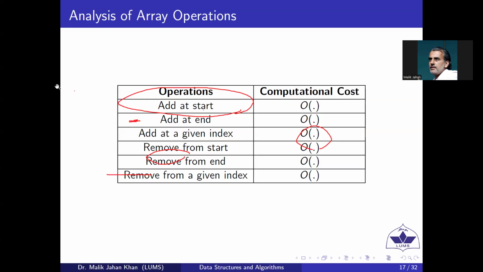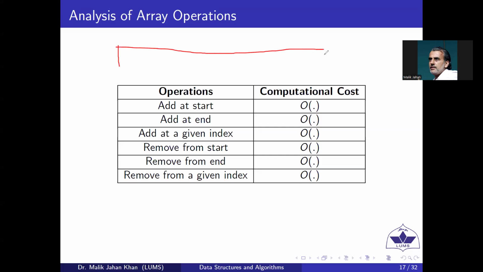Now, the question is how good or bad would the different methods be if we have to implement a list using an array? So what will be the cost of adding something at the start? So let's try to create an array of some hypothetical size.